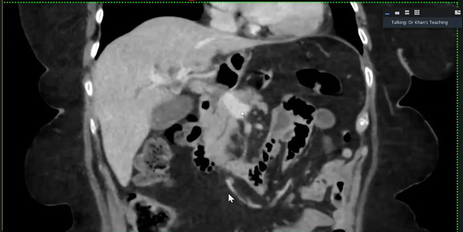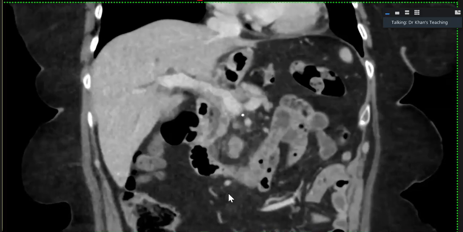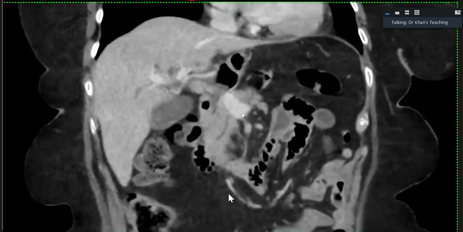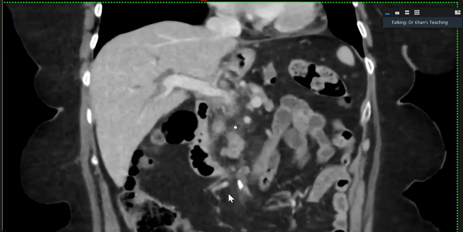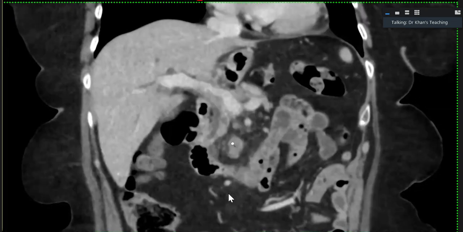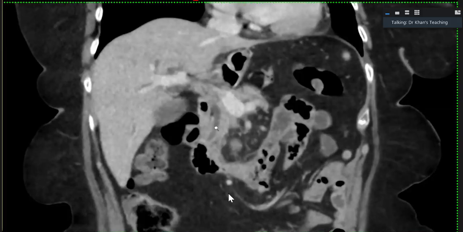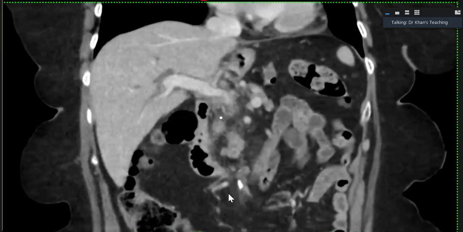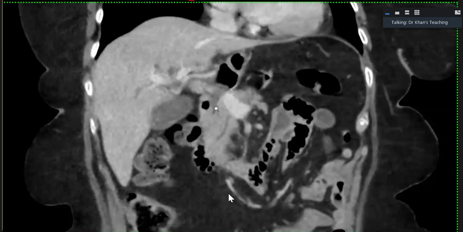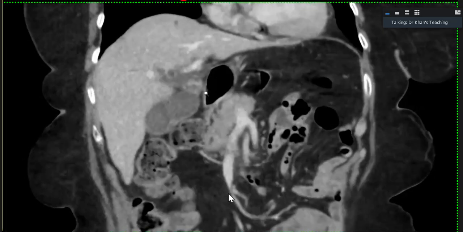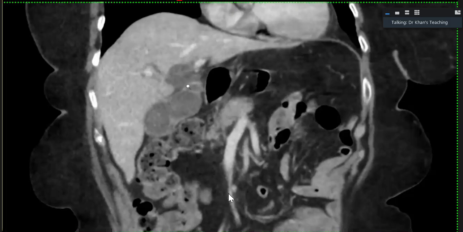Because for this part of anatomy, pancreas, biliary system, etc., you have to take the help of the coronal. On coronal, this is the pancreas, and we can see that the pancreatic duct is here. This is the CBD. As we trace it upwards, you can see this thick enhancing mass. This is the porta hepatis.